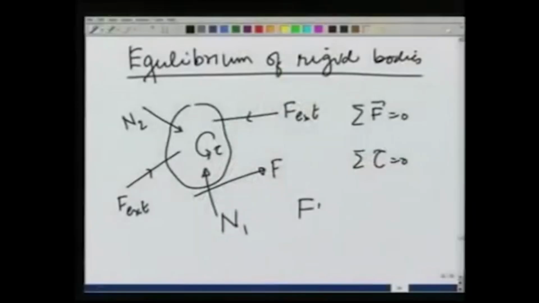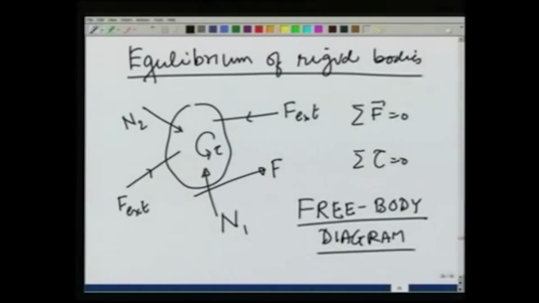Such a diagram, where the elements which are holding the system, we isolate the system and replace those elements holding the system by the normal reactions of those elements, or the torques provided by those elements, is known as a free body diagram.